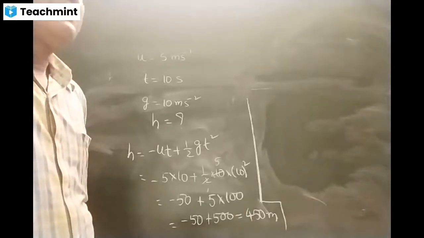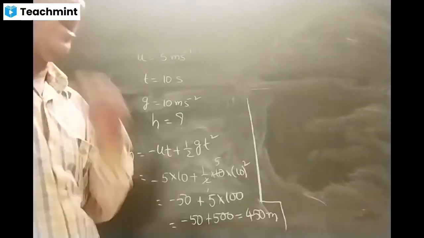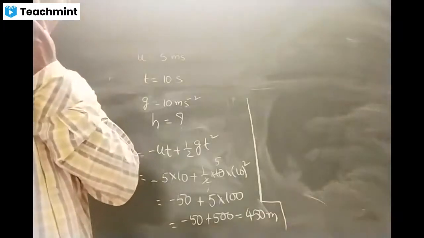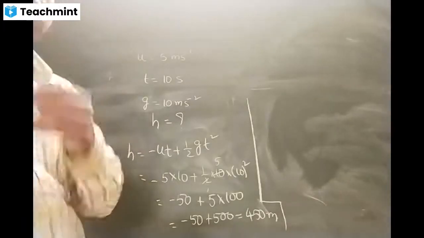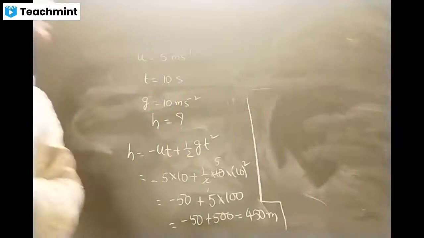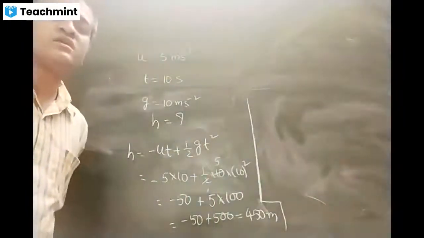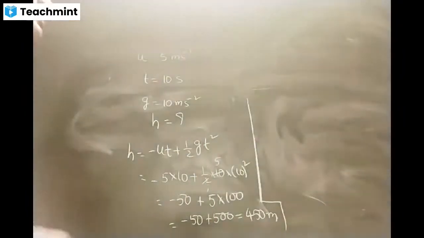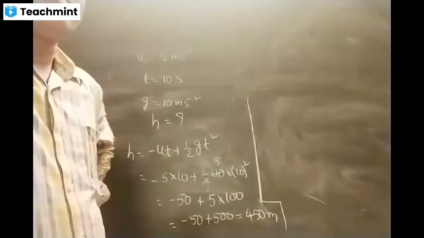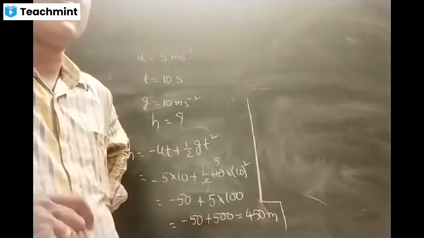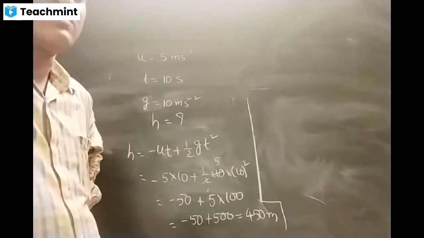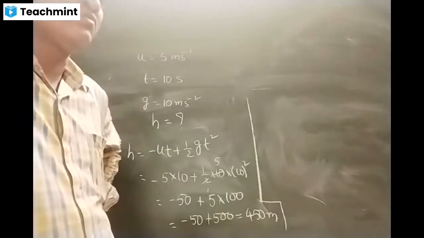Where did you get V square? No, I did not give you V. I have given only U. U I have given, G value I have given as 10 meter per second square. Time I have given, so you have to use the formula H is equal to minus ut plus half gt square. Depending upon the situation, you have to use the formula.